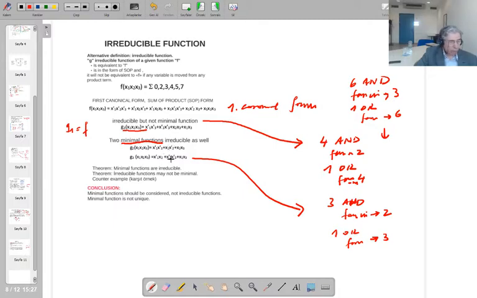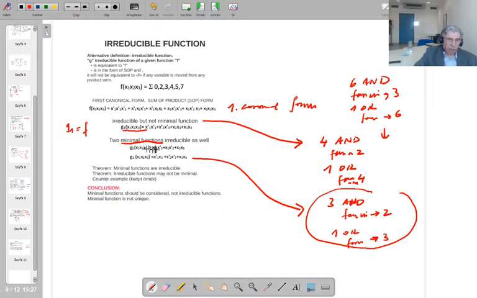Of course, this minimal function we're going to prefer because the cost is minimal for this one, not for this one, because you use more AND gates here. Then the conclusion is this: you see here, a minimal function is irreducible, but each irreducible function is not minimal. The opposite is not true.